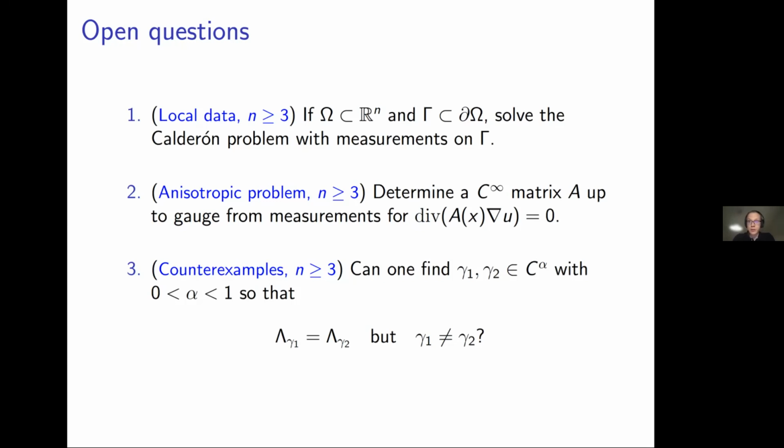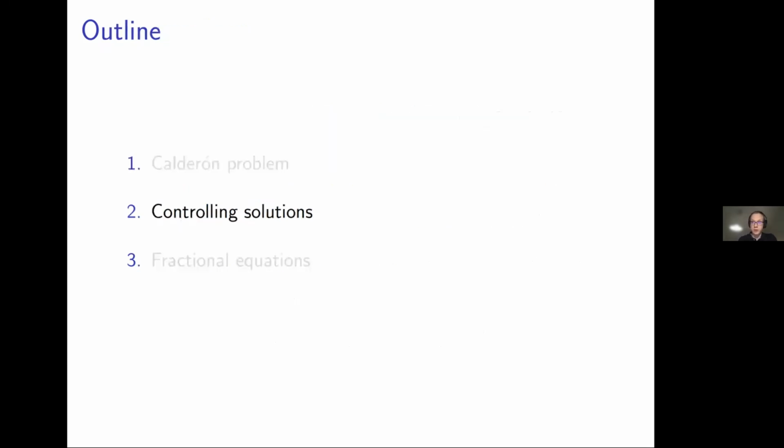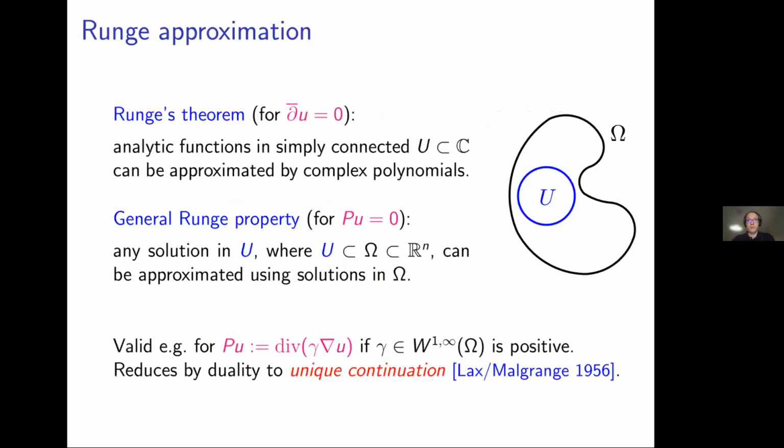Okay, thanks very much. So this was the motivation part. Let's now go to the business of controlling solutions and seeing what one can do with this method, for instance, in the Calderón problem. At least in the context of inverse problems, this controlling of solutions is often called the Runge approximation property.